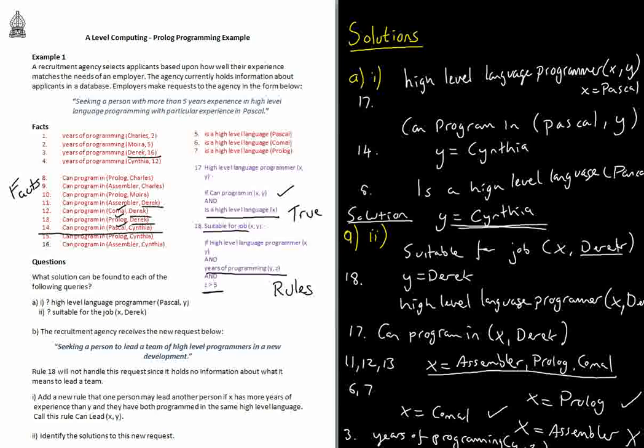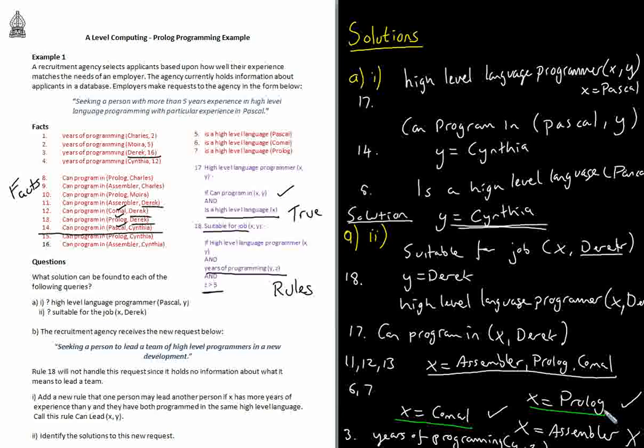Derek is suitable for the job as long as the programming languages are Prolog or COML. Just underline those. So the solutions are that one or that one, and they're the two that fit the bill. And that ends the question.